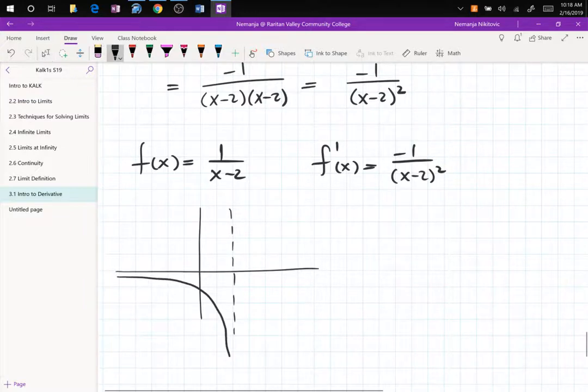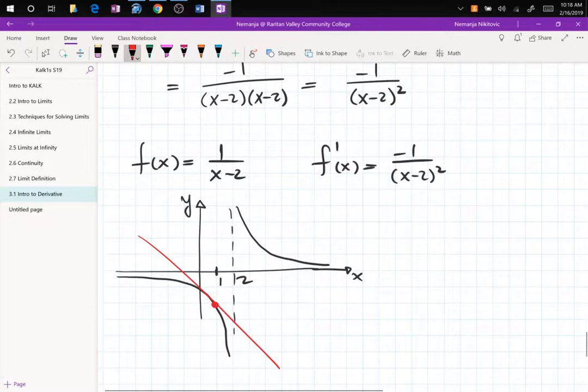You just draw 1 over x, so let's say here at 1 the tangent line would hit here.